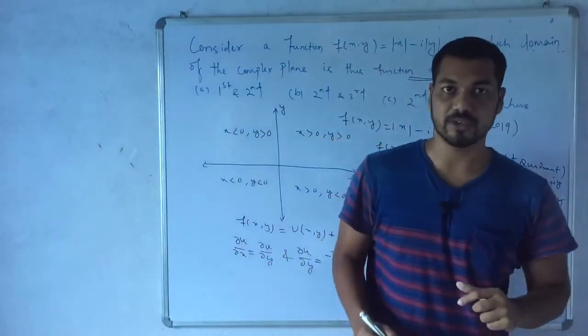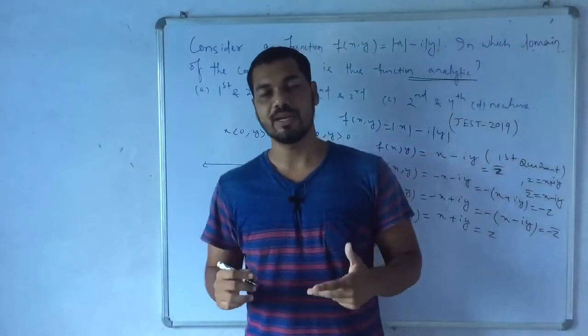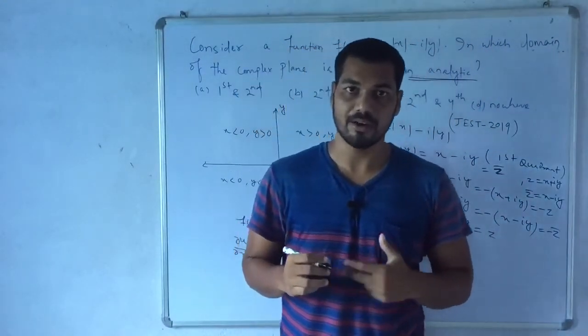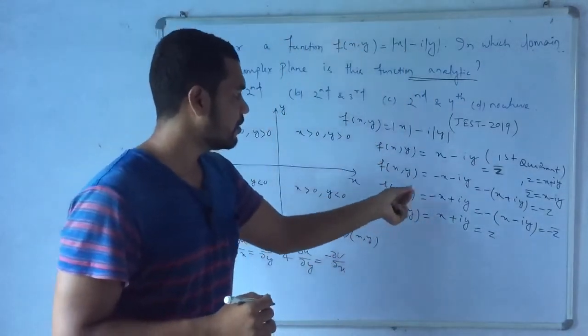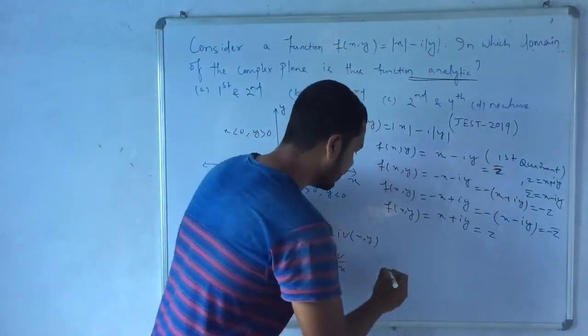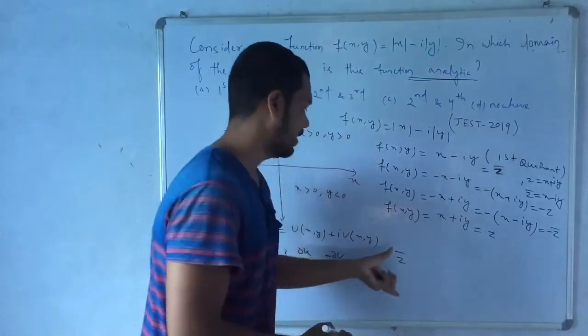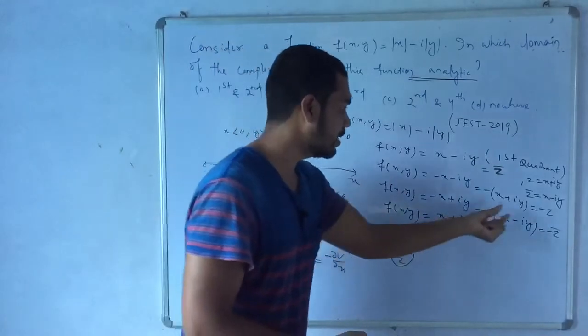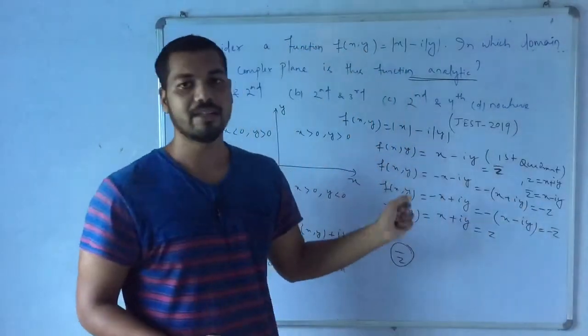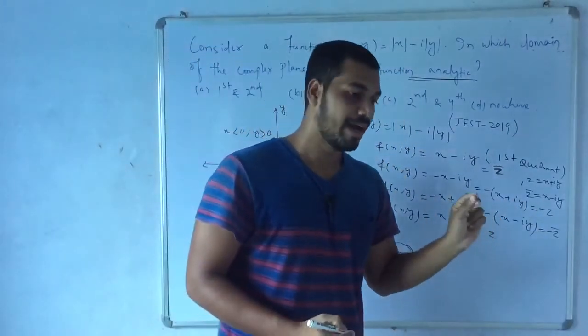But I am going to discuss a simple trick to determine whether the function is analytic or not. If a function contains a term with z bar, the complex conjugate of z, then the function must not be analytic.